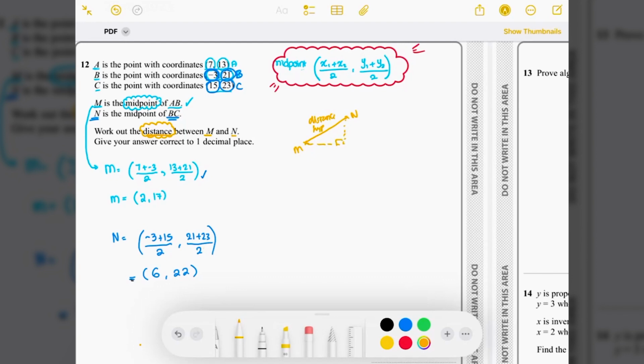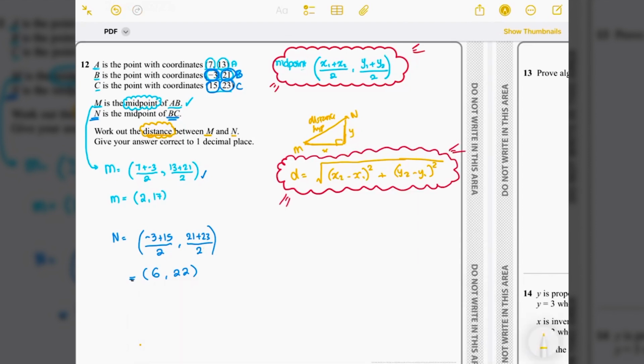The formula for your distance is the square root of something squared plus the other one squared. One of them is your y's, one of them is your x's. So it's the difference of your x's, x2 minus x1, and y2 minus y1. This is all you really need to know, this formula over here.